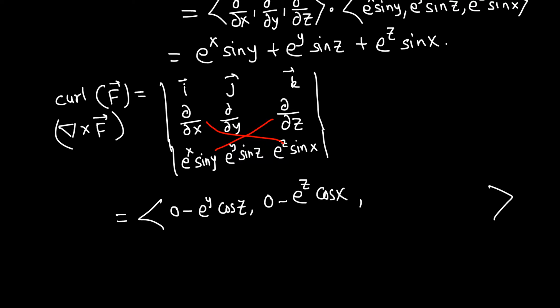And for the third component now, we delete the row and column containing k. So the usual partial derivative of this with respect to x: there is no x, so 0, minus this way, the partial derivative with respect to y: e^x is constant, so it's e^x, and the derivative of sin y is cos y, and this is it.